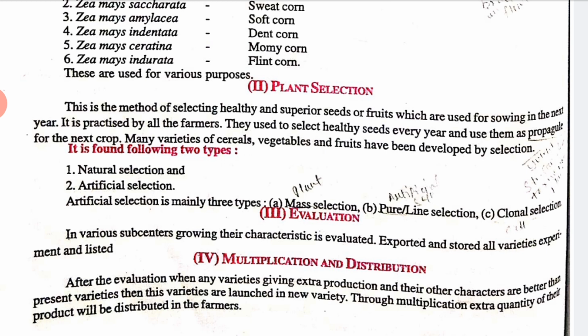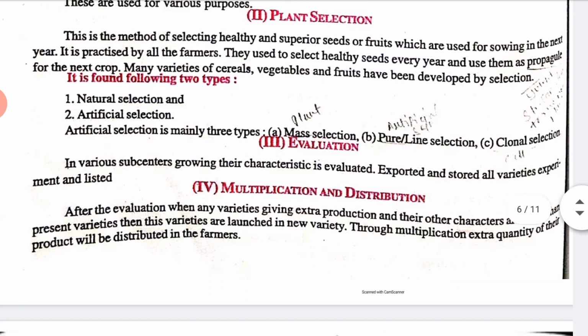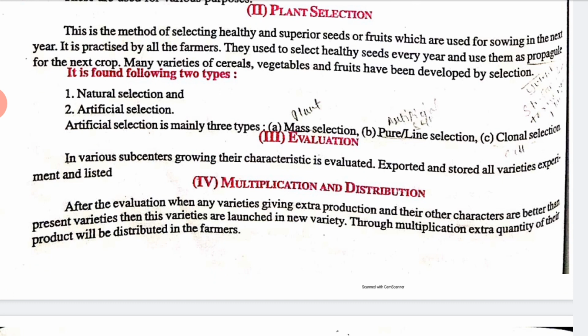Clonal selection means that on the basis of a cell, we select the cell of the variety. Next is multiplication and distribution. As I already told you, we have to multiply that species, the number of varieties we have with the extract product, and we will distribute it to the farmers.